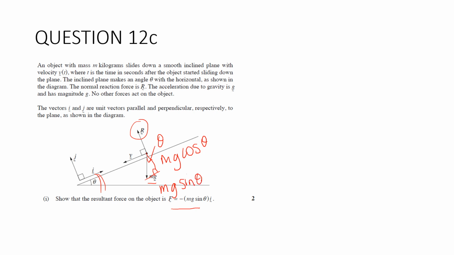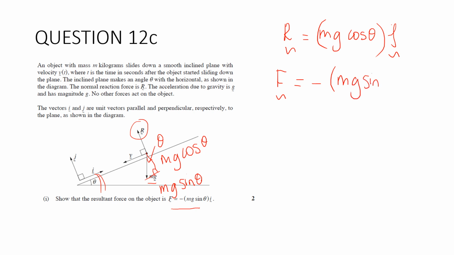Now, the reaction force will be equal to mg cos theta j, and force down the plane will be negative, because it's against the motion, mg sin theta i. Now, quick tip, if you're drawing all over this diagram, that doesn't appear in your answer booklet, does it? So you're going to need to do a quick sketch of the diagram.